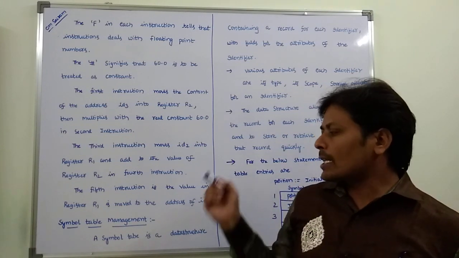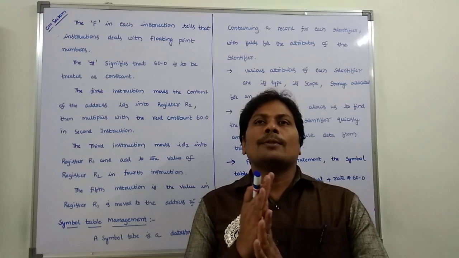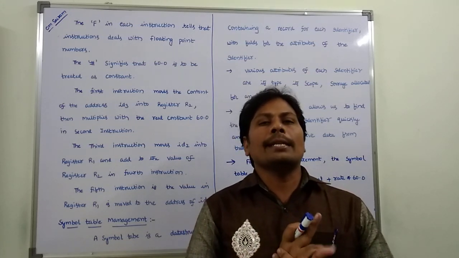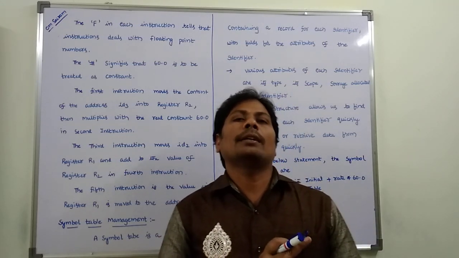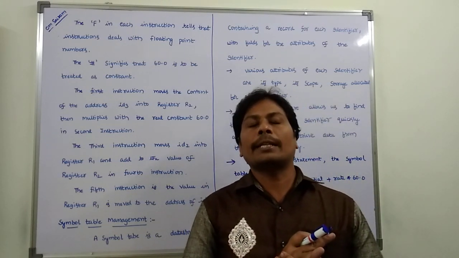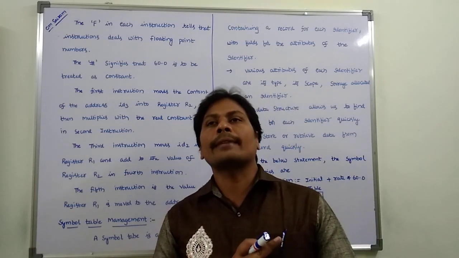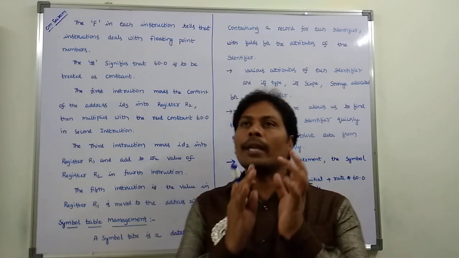Okay. So next one is symbol table management. A symbol table is a data structure that is used for storing the identifiers as records.